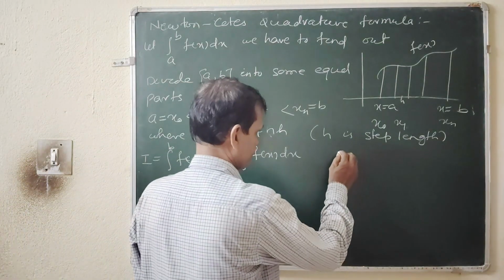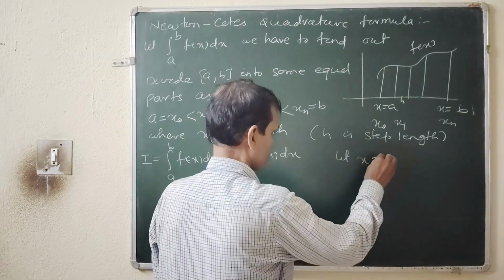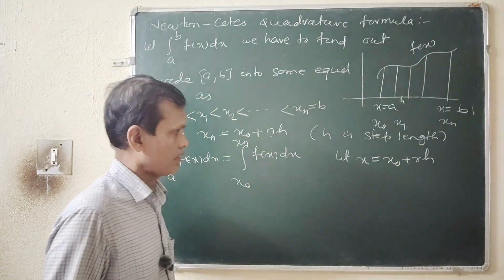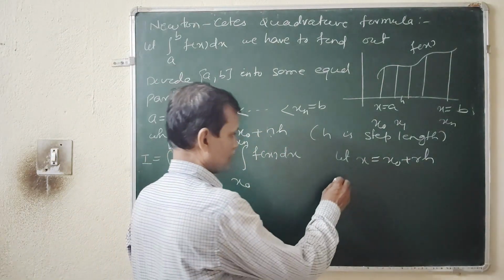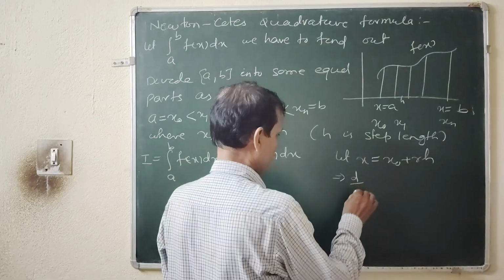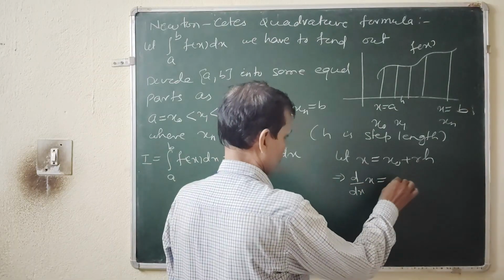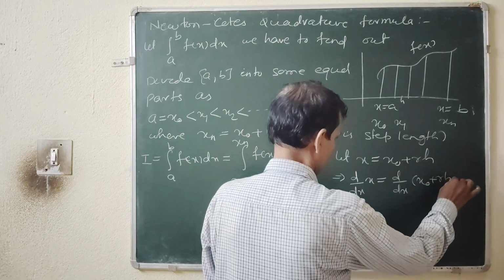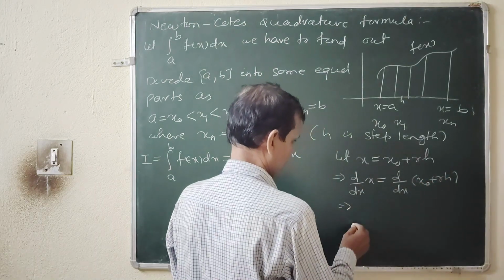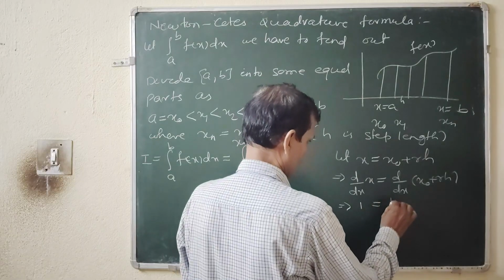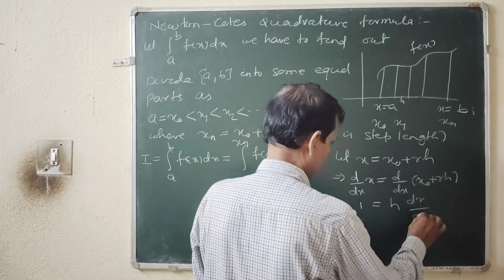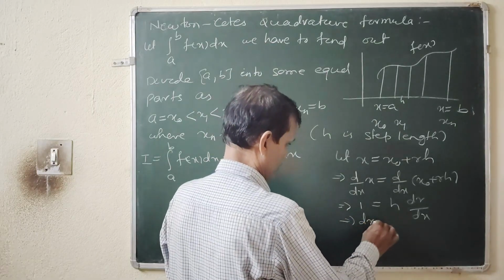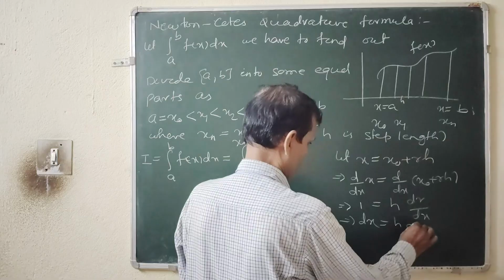So let x be equal to x0 plus rh. We redefine the length. So d by dx of x is equal to d by dx of x0 plus rh. That implies 1 is equal to h dr by dx, because we treat r as a variable. So that implies dx is equal to h dr.